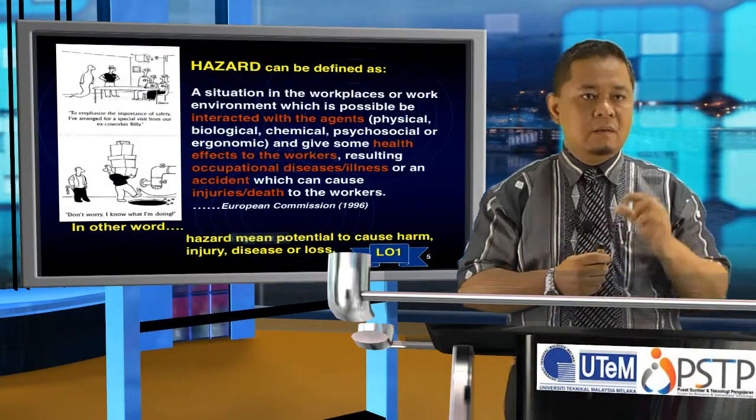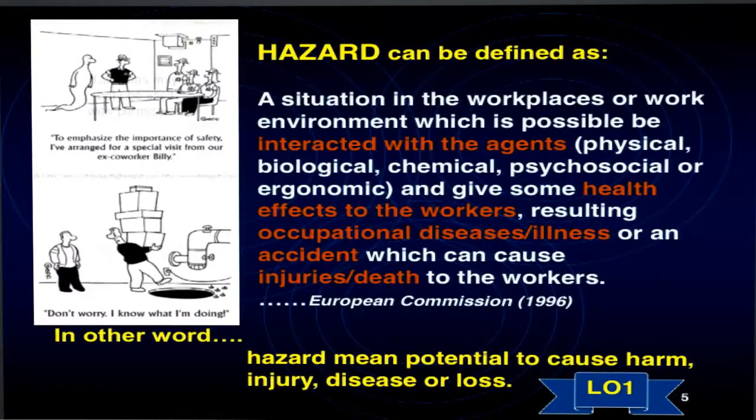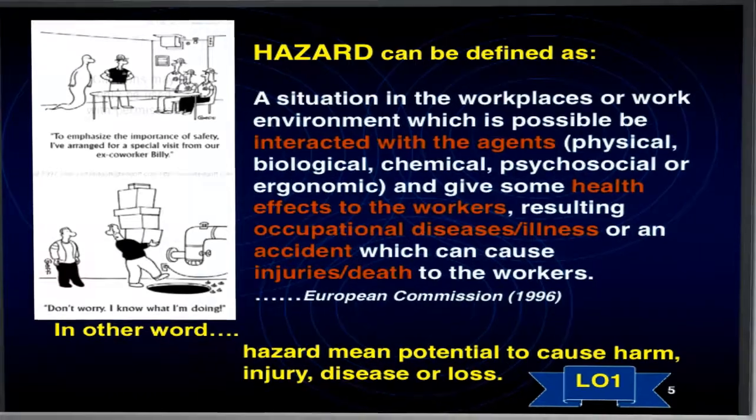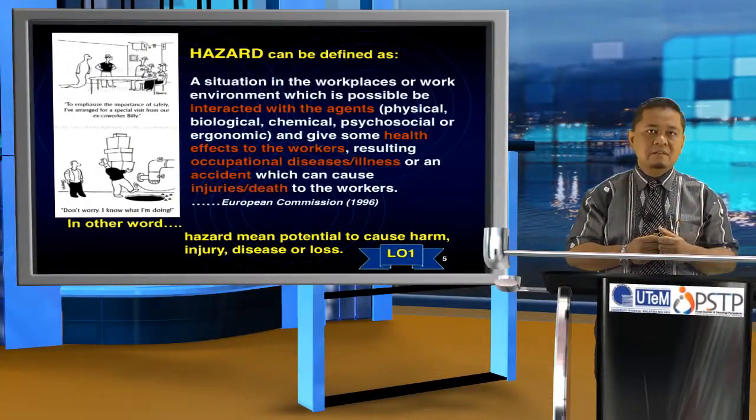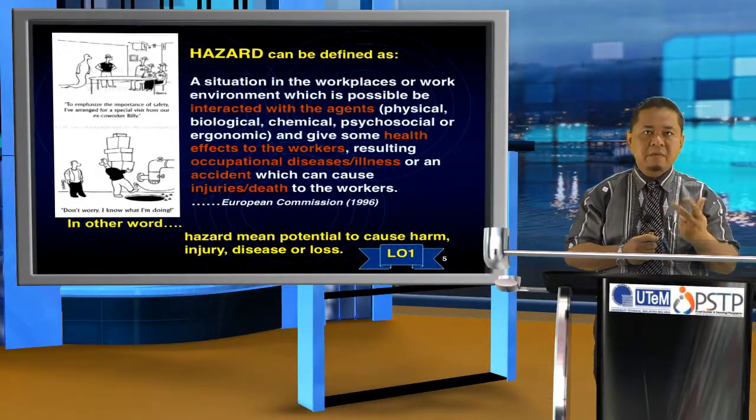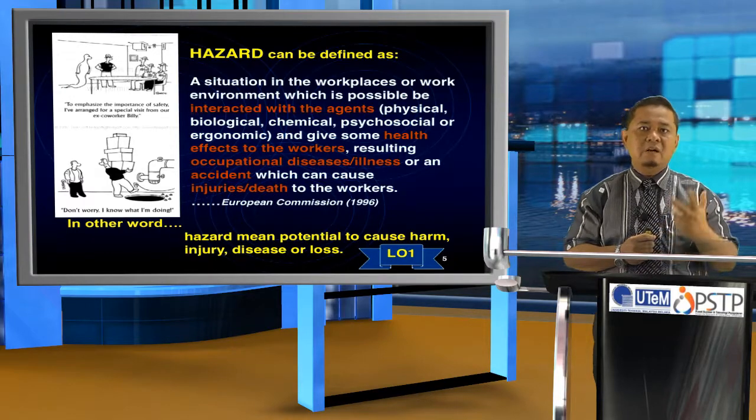Okay, hazards can be defined as any situation in the workplace or work environment which is possible to interact with the agents. We will discuss later on the 5 agents: physical, biological, chemical, psychosocial, and ergonomic.